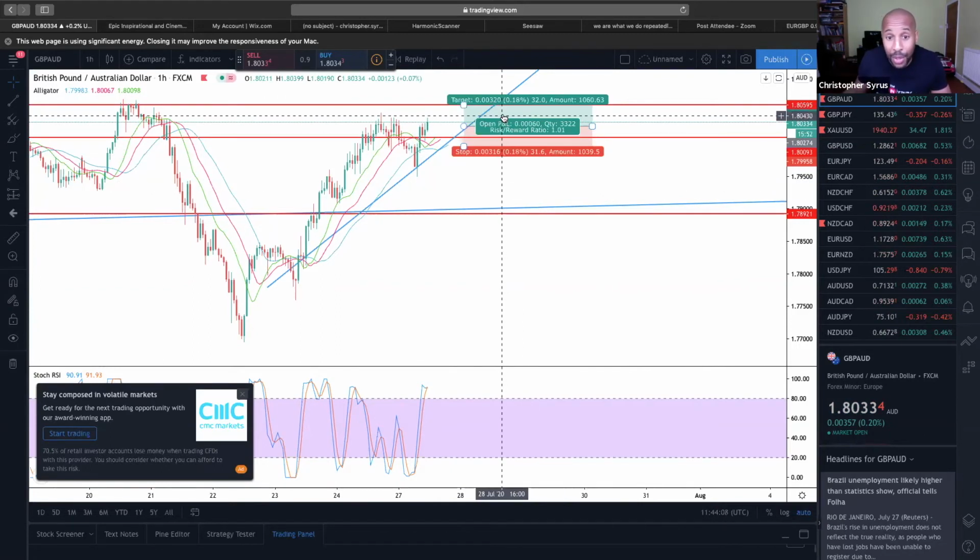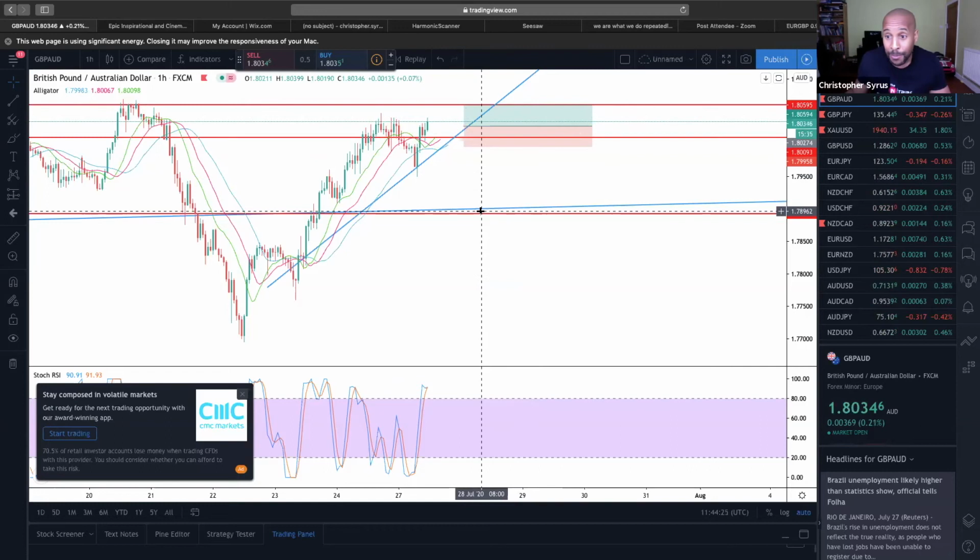The line that I'm going to go to, my take profit, is where I'm aiming for the market to go. So that is 1.80598, and my stop loss, as low as I want it to go before I say, okay, I've lost it, I've made a bad trade here, is 1.80093.